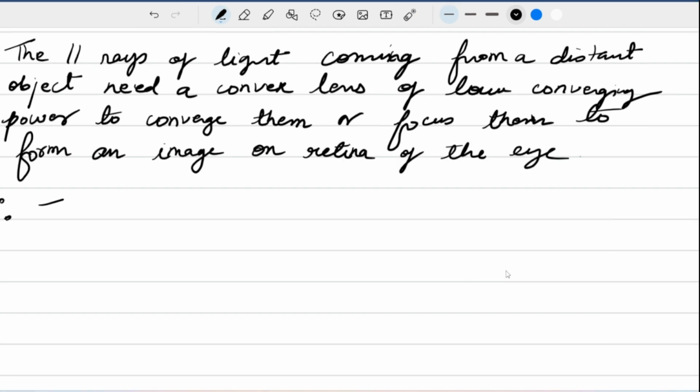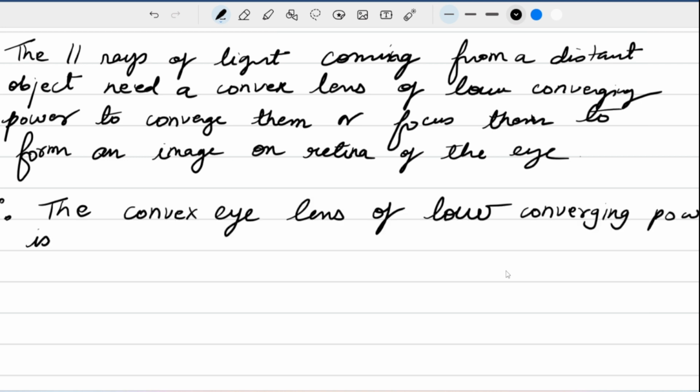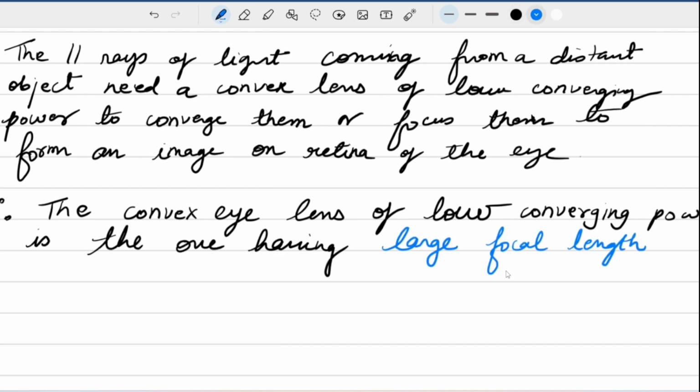Therefore, the convex eye lens of low converging power is the one having large focal length and it is quite thin. Is that clear?